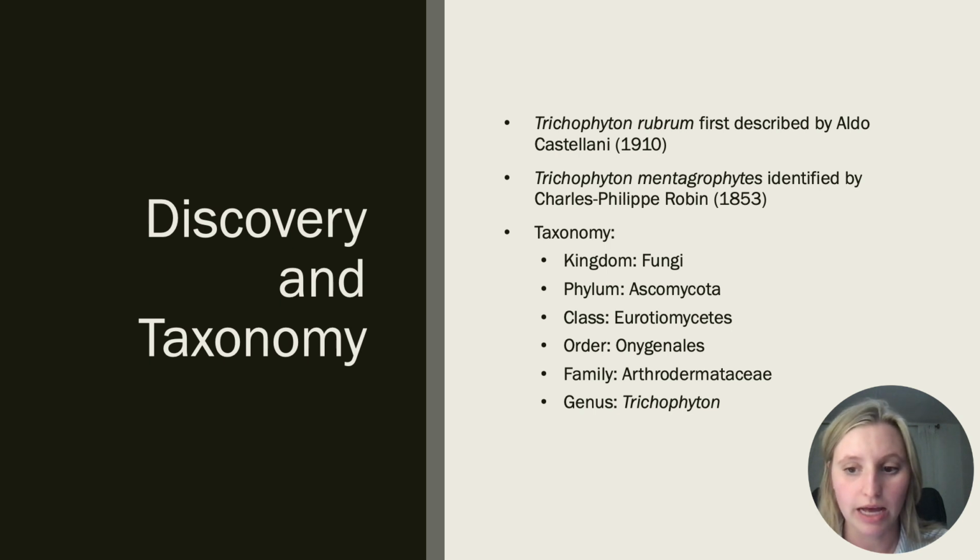They fall under the class Eurotiomycetes, order Onygenales, and family Arthrodermataceae. The genus Trichophyton includes several dermatophyte species known to cause skin infections in humans and also in animals.